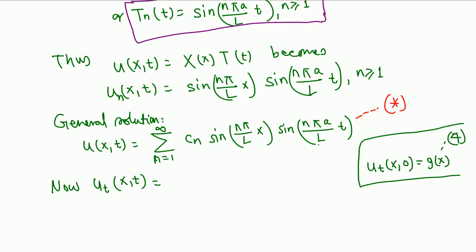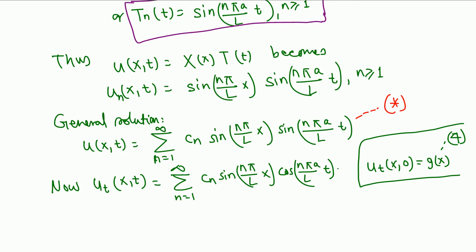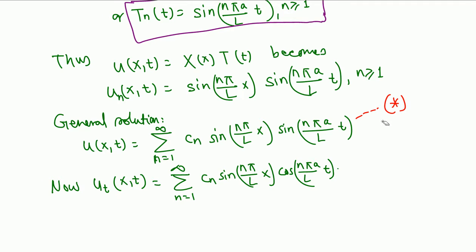This is a finite number, since we are saying this is a solution, so we can take the derivative with respect to t. The function of x and the constant both behave like constants, we just find the derivative of sine. So this will be the sum from n equals 1 through infinity of c_n sine of n pi over L x. Now the derivative of sine is cosine of n pi a over L t, times, from the chain rule, this factor n pi a over L.